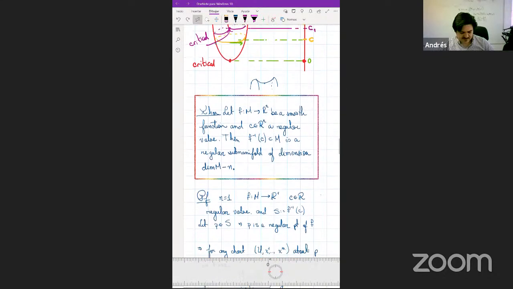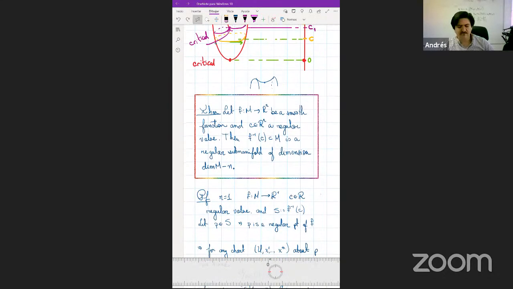Now, take any chart about P. We are going to change this in order to make it a nice chart for S and P. So U is arbitrary because M is a manifold.